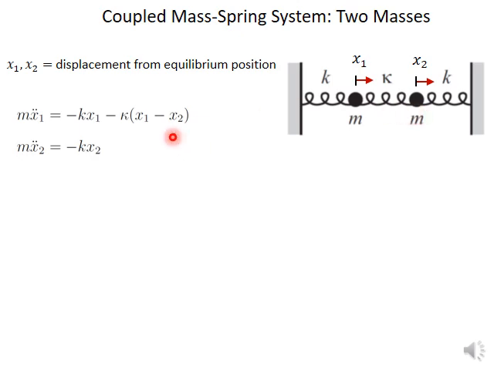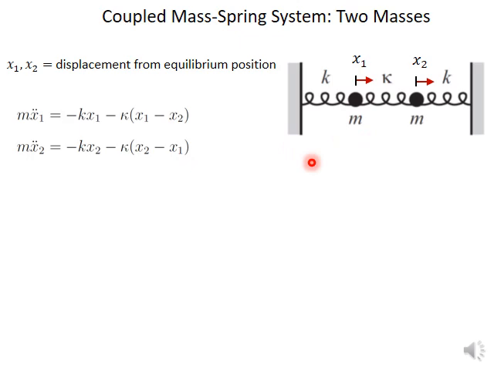Again, it would be given by the difference of the two displacements, which is x1 minus x2. But in this case the force would be opposite to what the force would be on this first mass. So these two terms would reverse their positions. You can check this intuitively by putting in a displacement here and checking the directions.